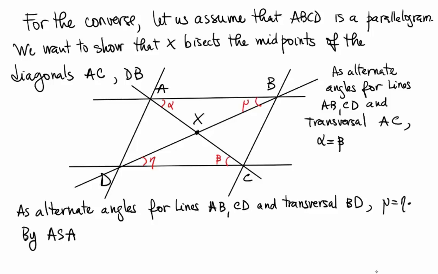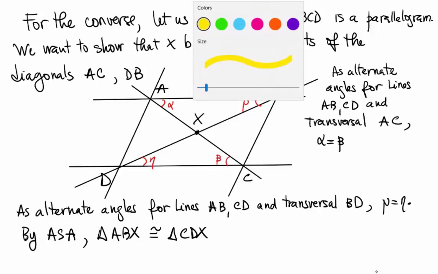By ASA, triangle ABX is congruent to triangle CDX. Maybe to make the correspondence a little easier to see, I can color code things here.